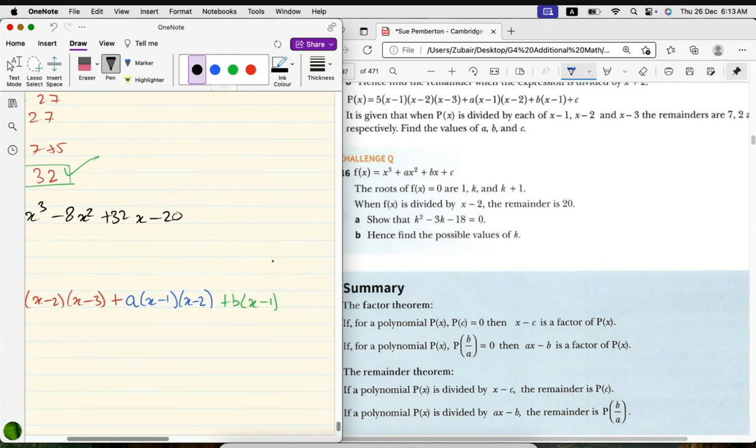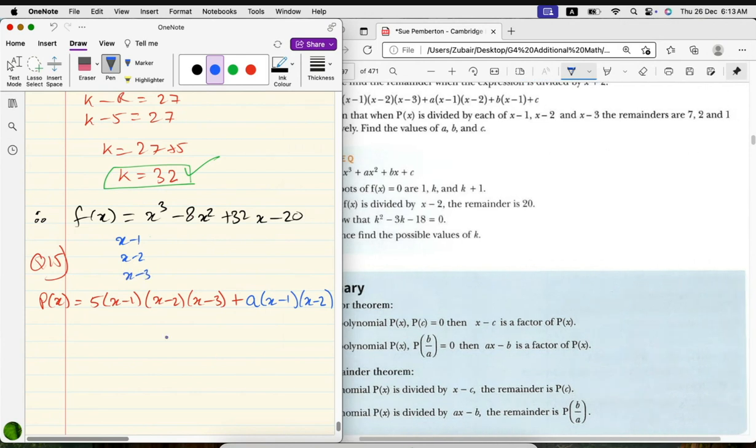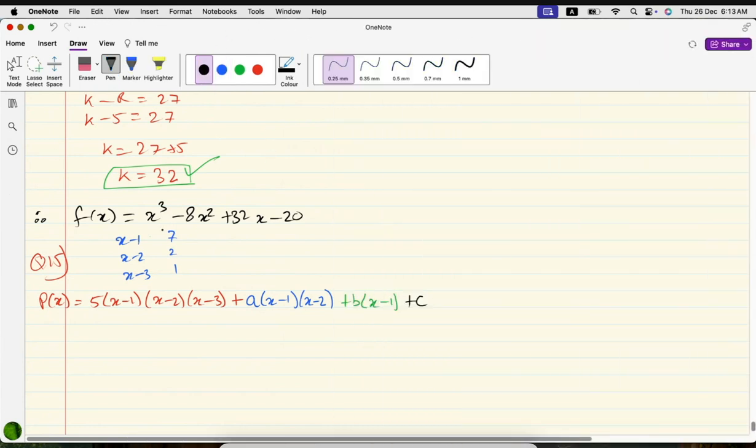Last is c. And it is given that when it is divided by x minus 1, x minus 2, and x minus 3, the remainders are 7, 2, and 1. So could we just, like, let's say divide it by x minus 1, and then what's left is equal to 7? Yes.